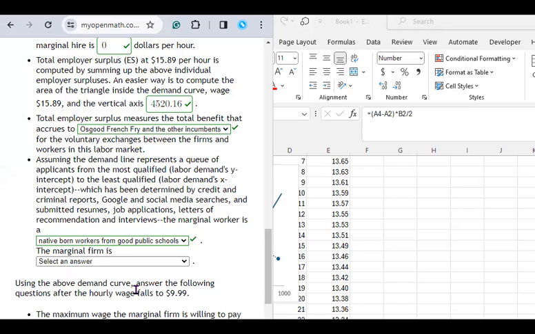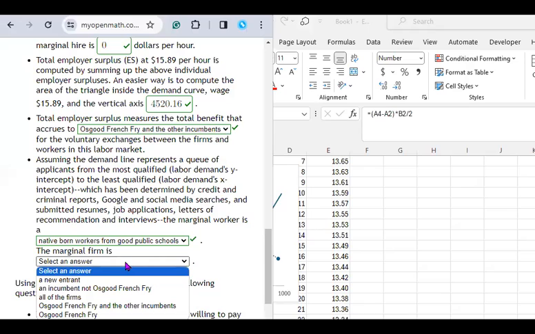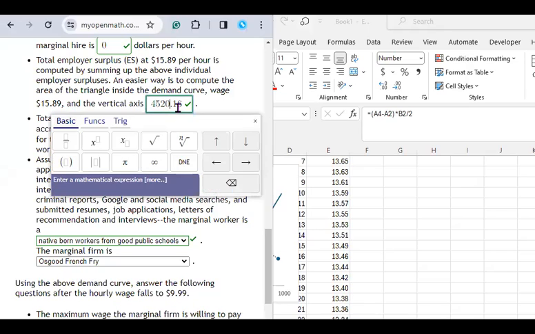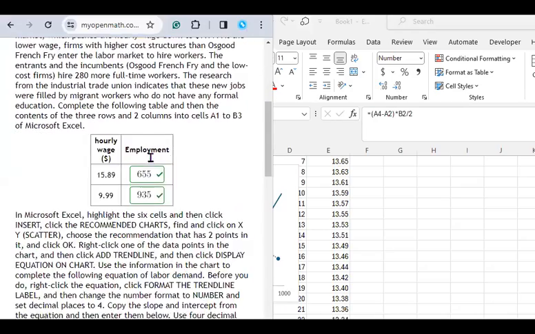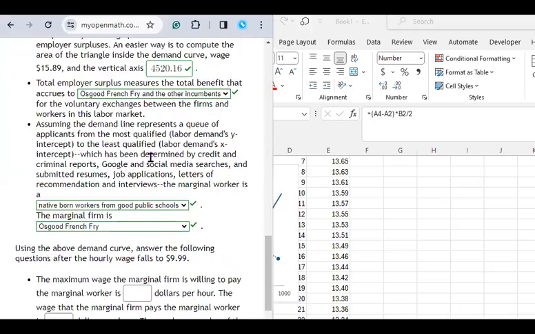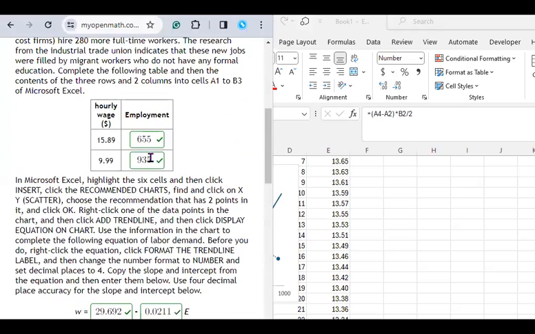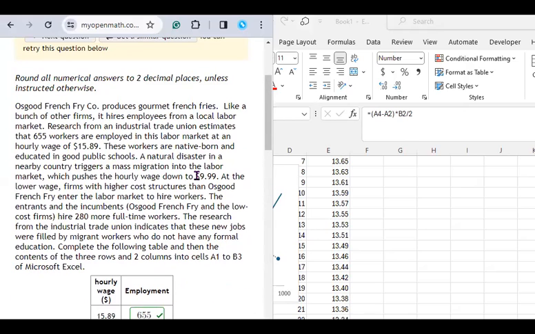And the marginal firm is going to be Osgood French Fry Company. Osgood French Fry Company might be the firm. It's producing a gourmet French fry, so it's going to have probably a slightly higher cost structure than the other low cost incumbents.